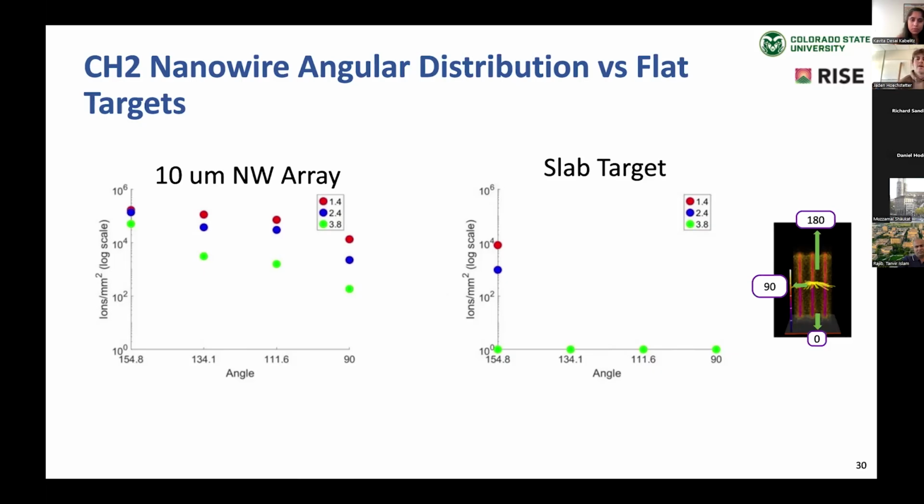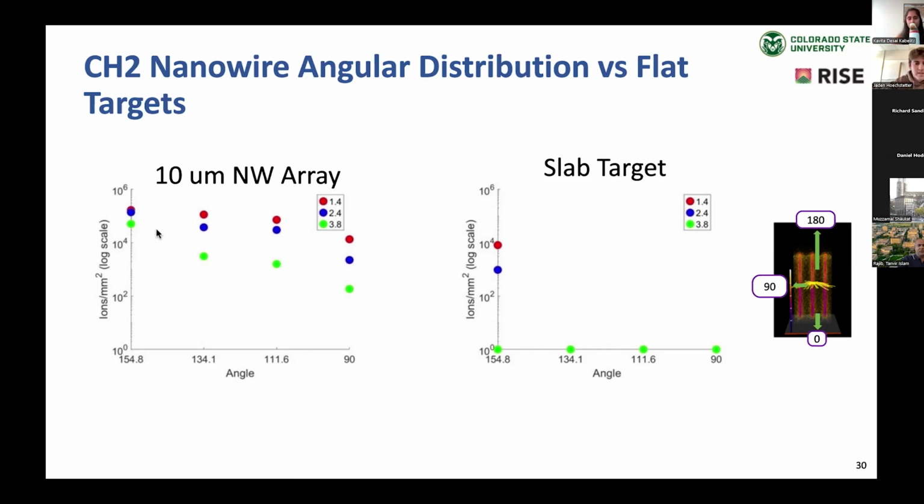And these are the ion counts for all the ions greater than those MeVs. And so on the left, we have the 10 micron nanowire array with the angle and then the amount of ions per millimeter squared on the y-axis. The angles aren't the exact same as the Thomson parabola angles because the CR39 were spaced a little differently from where the Thomson parabolas were.